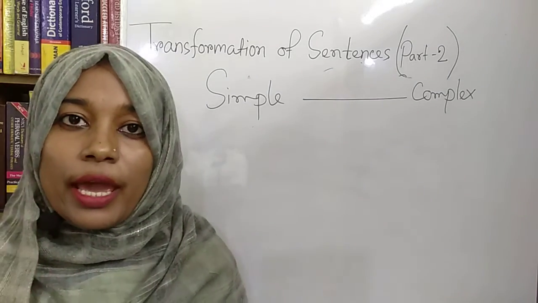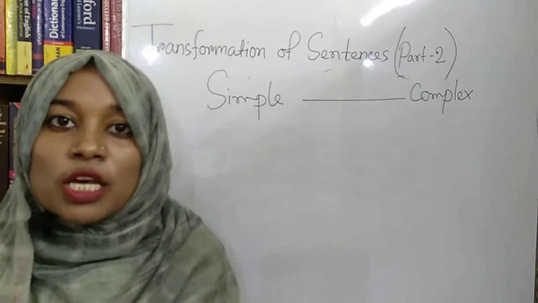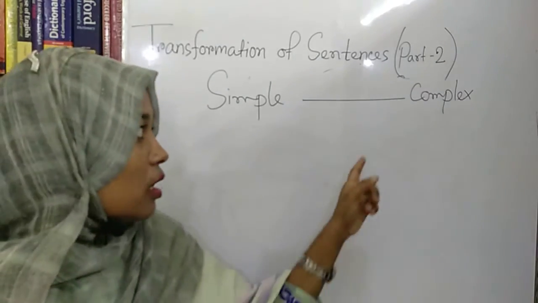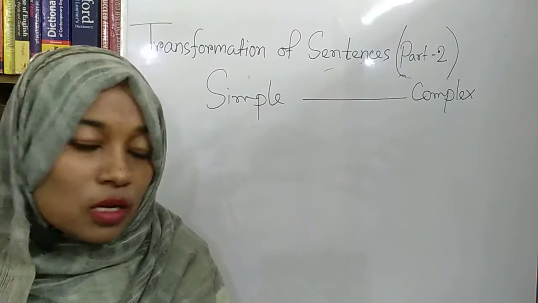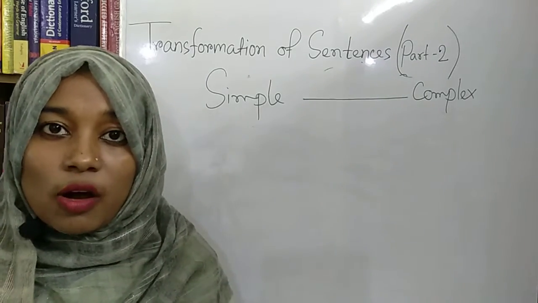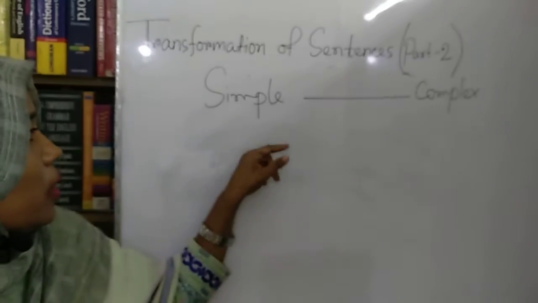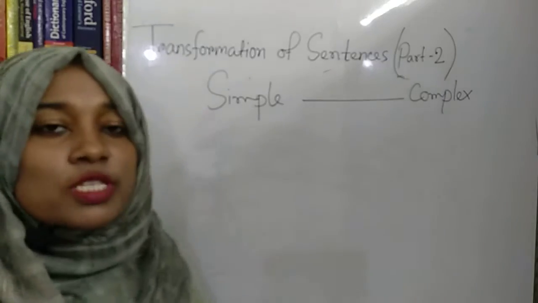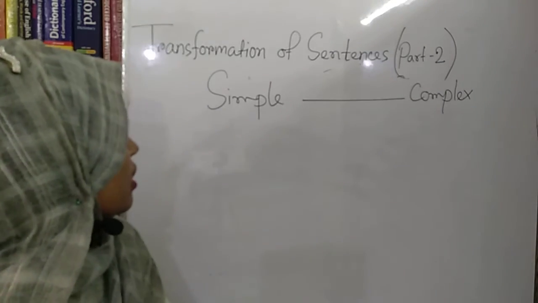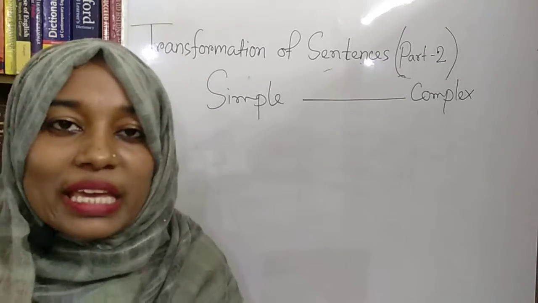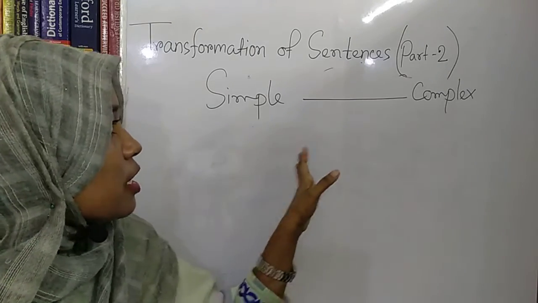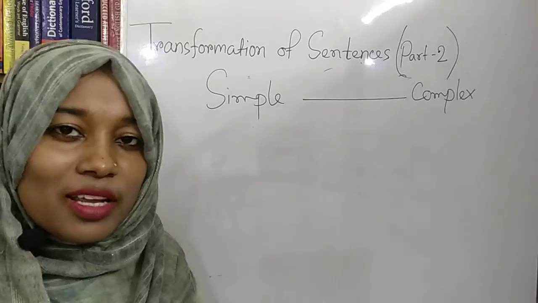On the other hand, a complex sentence contains two clauses: a subordinate clause and a principal clause, and the subordinate clause connects with subordinating conjunctions such as when, since, because, etc.